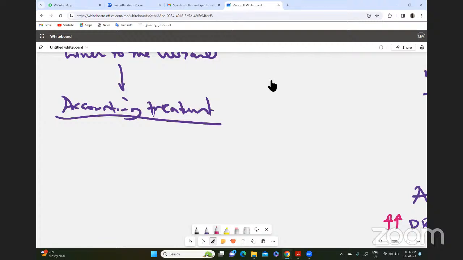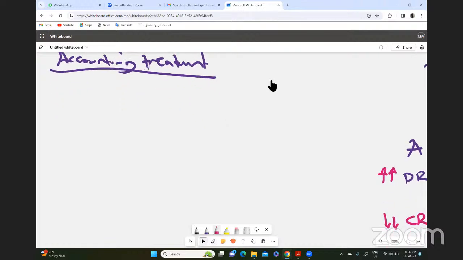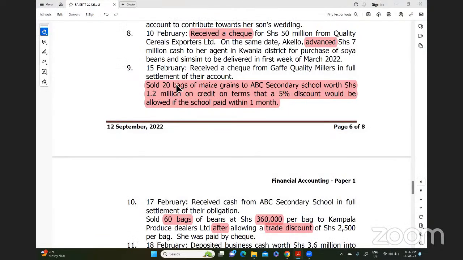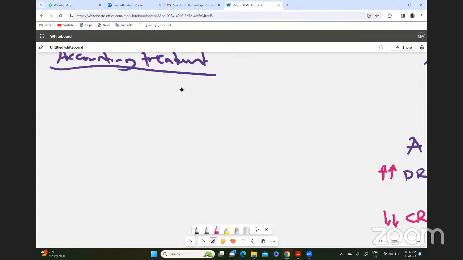I want to start with where it starts. Where does it start? And I'm going to use the same example here because we were selling, not so? Where does it start? This entire thing called the discount allowed starts with a sale that is made on credit.